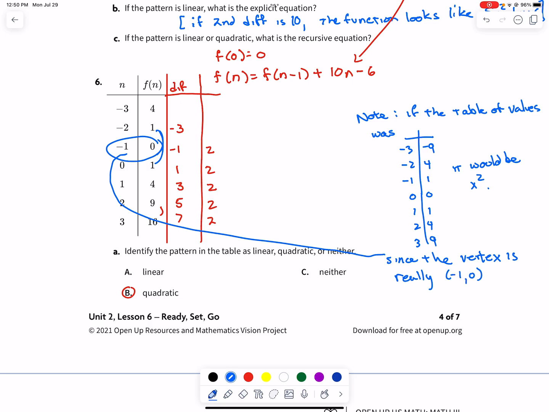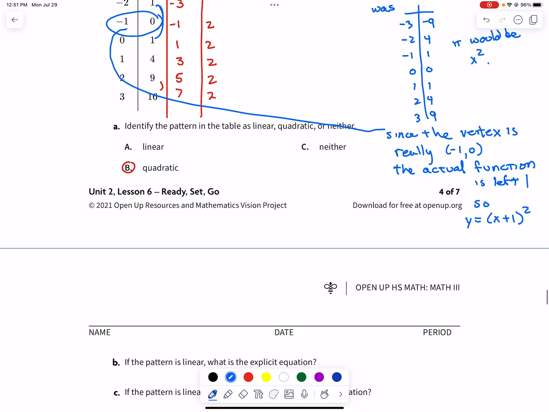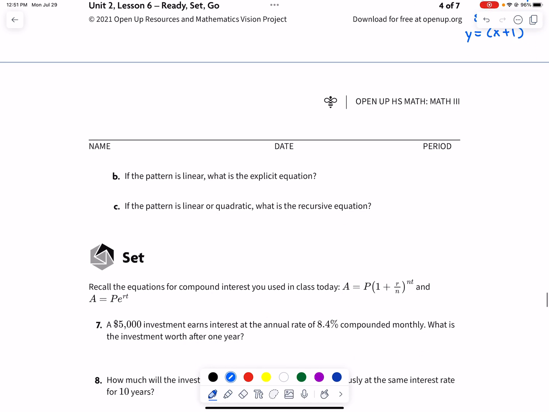So we have the actual function being at x equals negative 1, which is left 1. And you can try making a table of values for x plus 1 squared and see that that works.